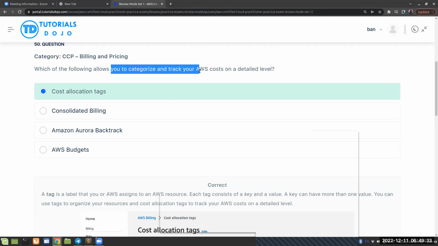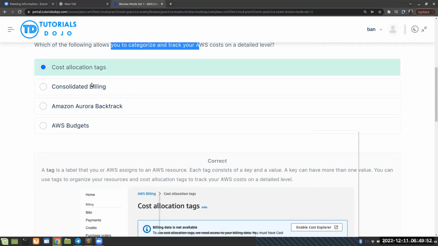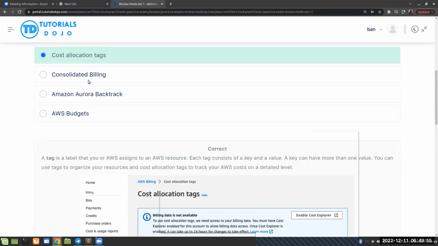You have another EC2 instance, so all your services you put tags on, so that when you have the bill, you can then select services that maybe are using the tag for development or using the tag for production, and you'll be able to know exactly what the cost is at the detail level. The other ones, we've talked about them quite often.